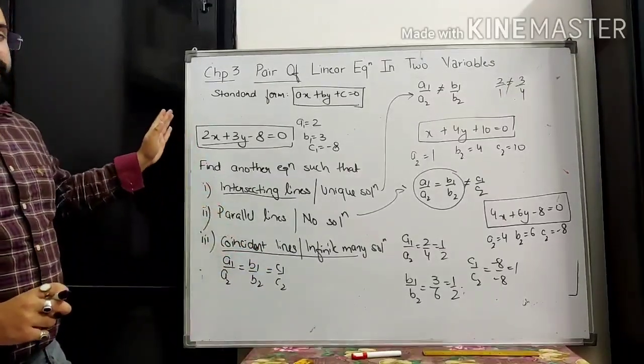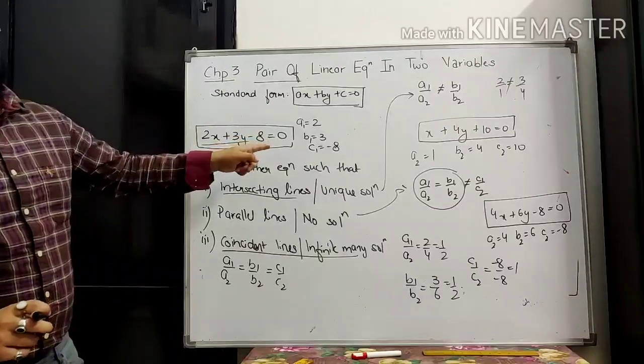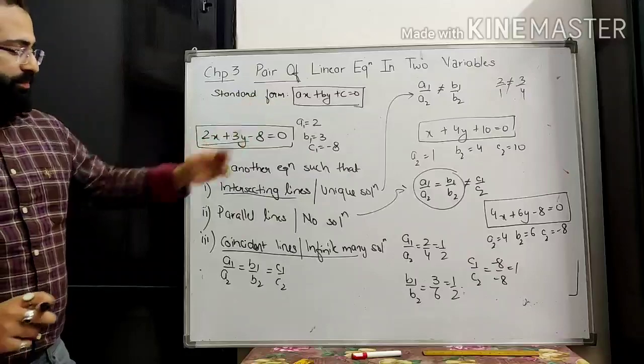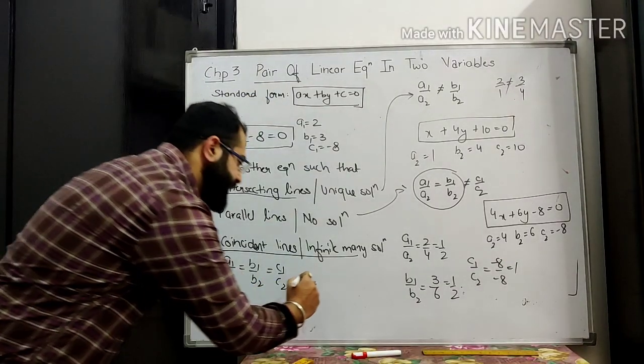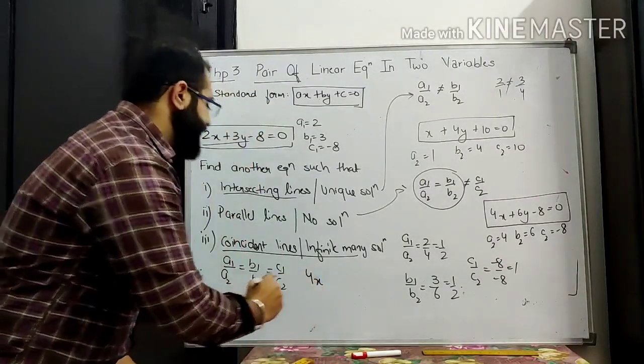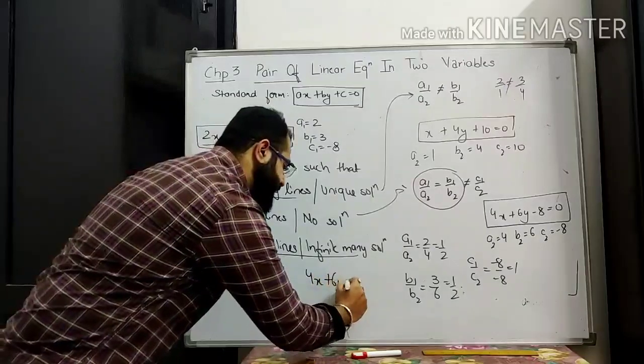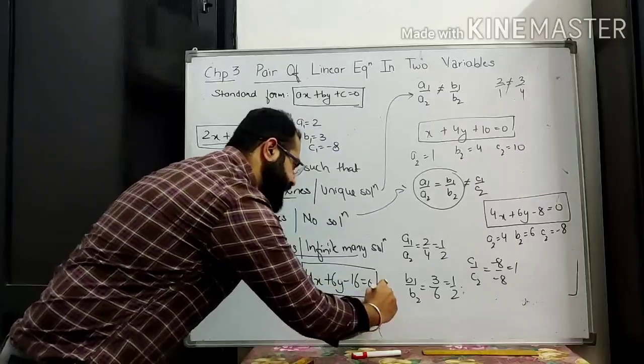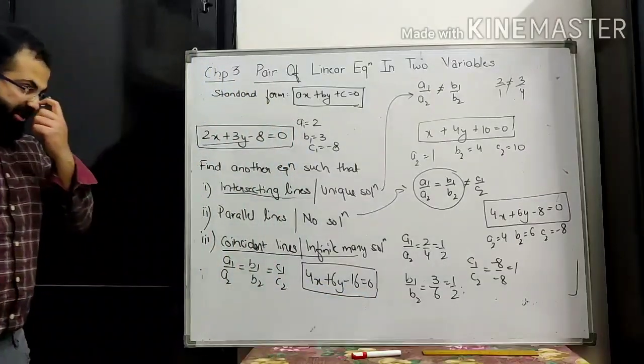This means that you can take any multiple for the three terms. So I'll multiply each term by 2. The equation of the line that you'll get will be 4x plus 6y minus 16 equals 0.